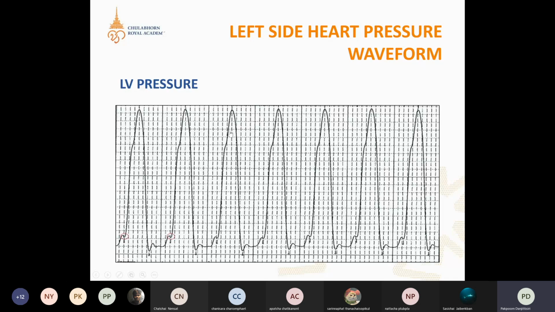After systole, this is the phase of the diastole.